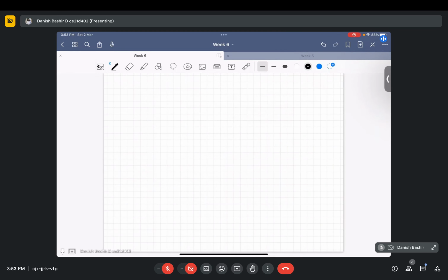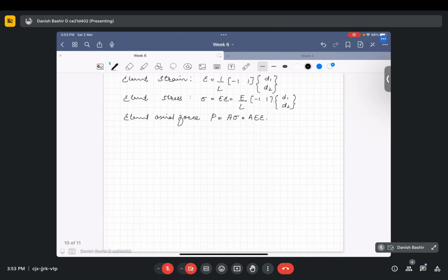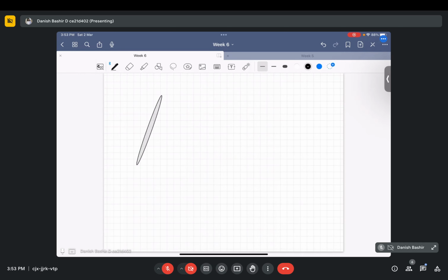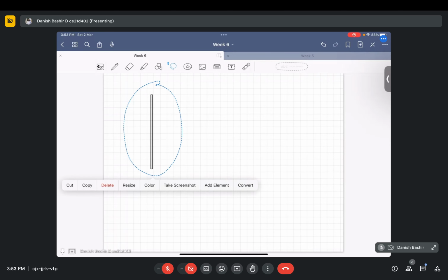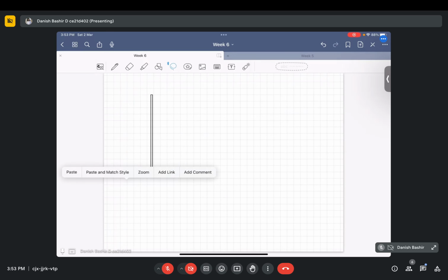We have truss elements like this, one like this and another like this.